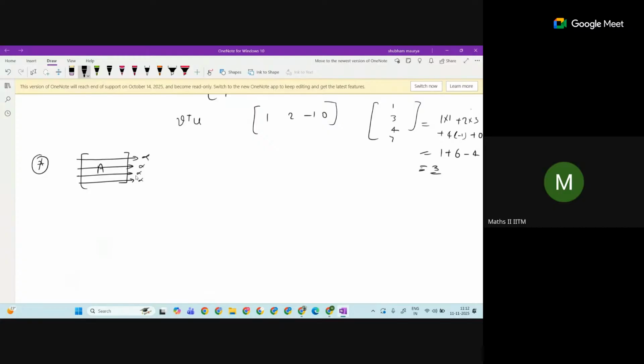When you sum the first row, you get alpha. When you sum the second row, you get alpha. When you sum the third row, you get alpha. Means all row sums are always some fixed number. Then in that case, your eigenvalue is going to be alpha.